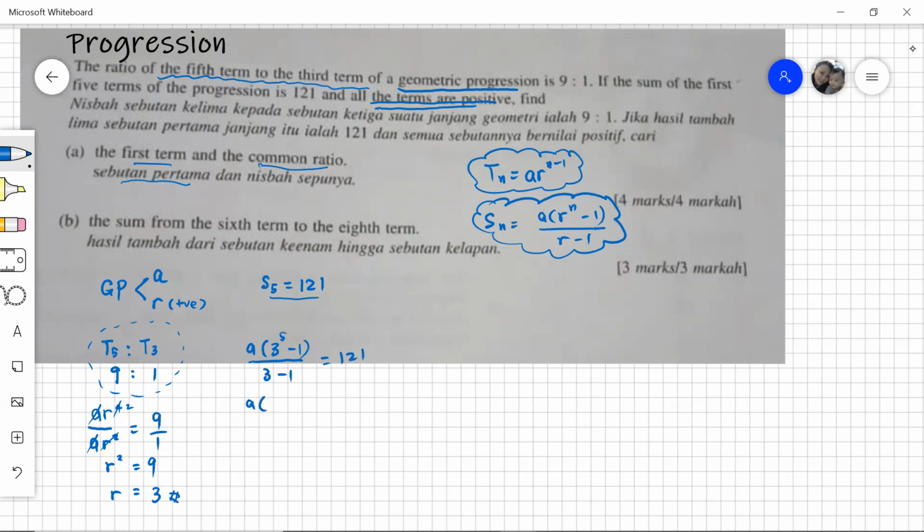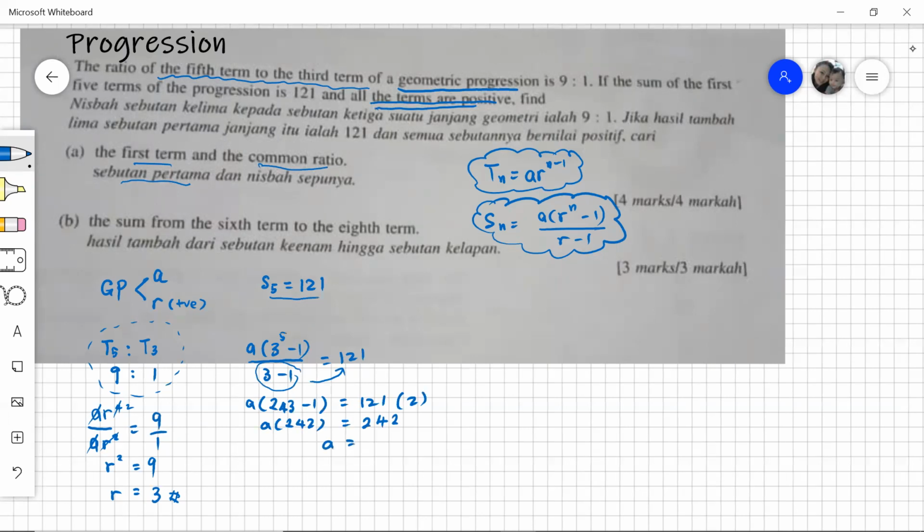So 3 to the power of 5 minus 1, let's use the calculator. 3 to the power of 5 is 243. 243 minus 1 equals 242. 3 minus 1, we bring it across, times 2, and this one gives us 242 as well.